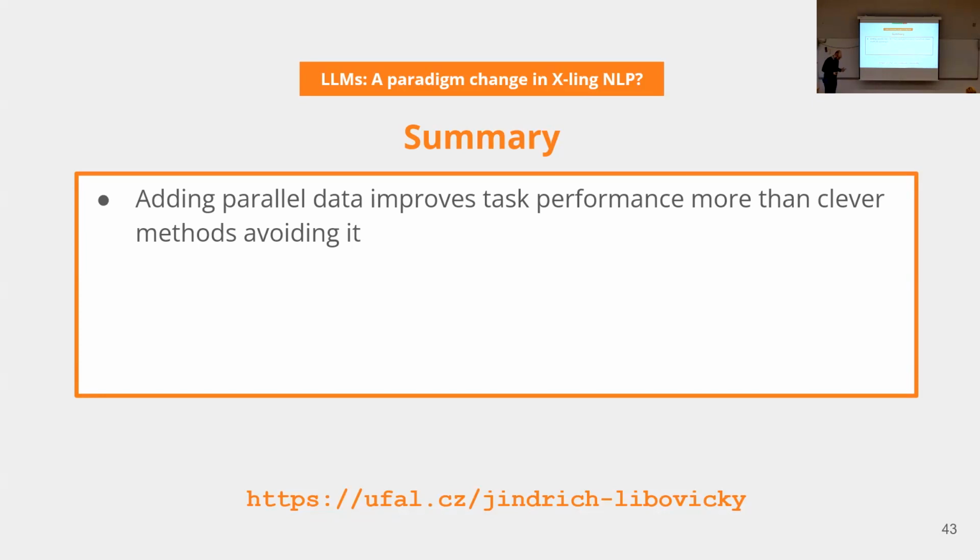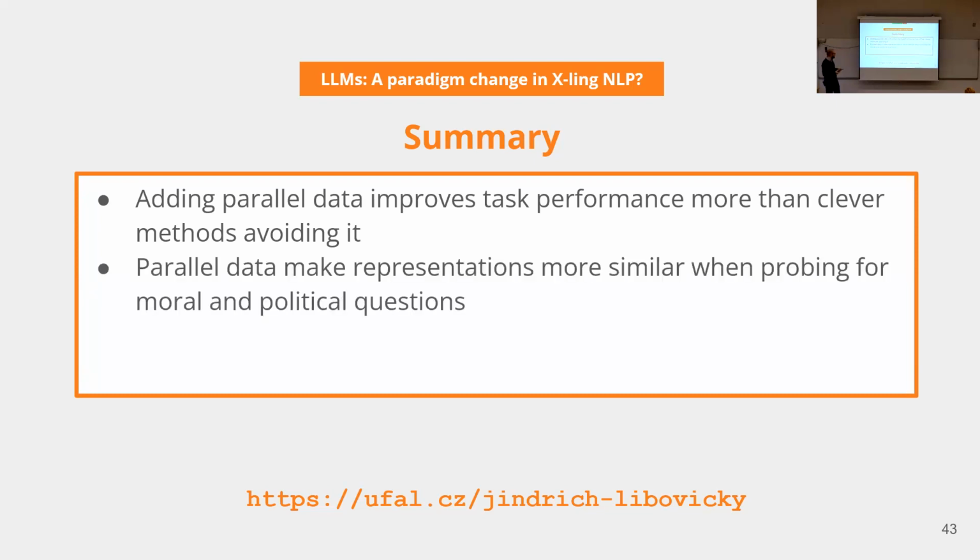So, yeah, we did some experiments with using monolingual data to improve the multilingual encoders, but adding parallel data improves the tasks more than all the clever methods that try to avoid using parallel data. Parallel data makes the representations more similar when we probe them for moral and political questions.